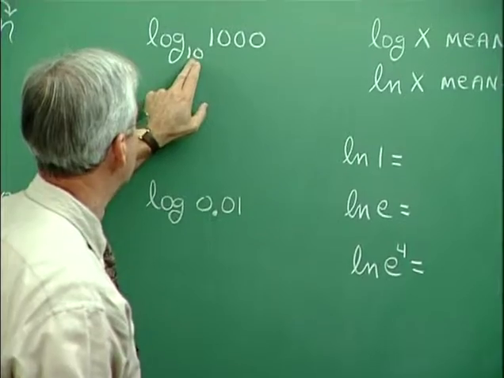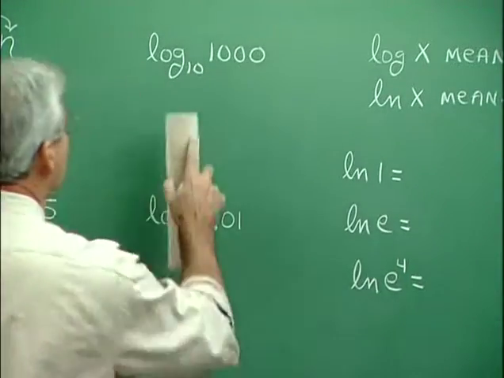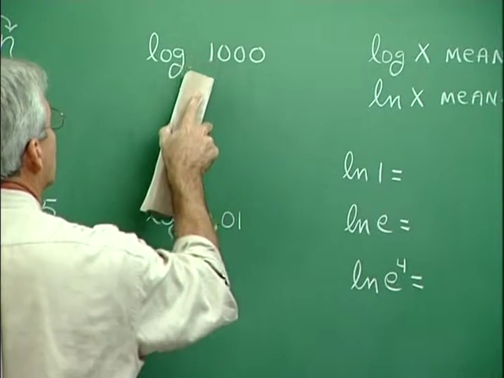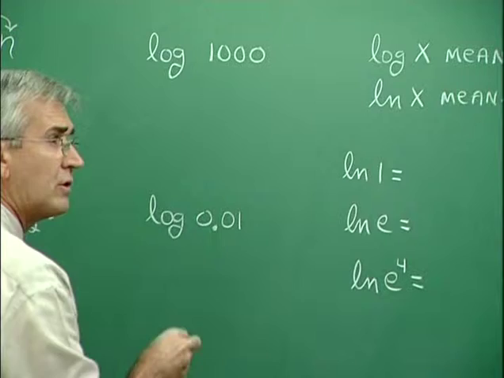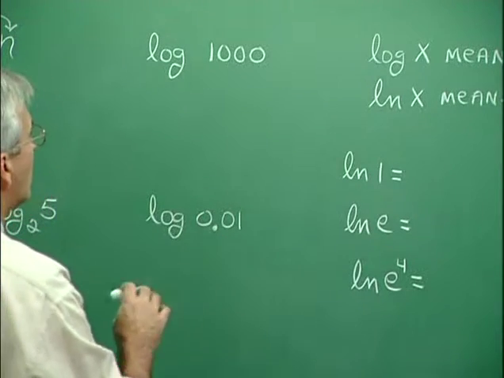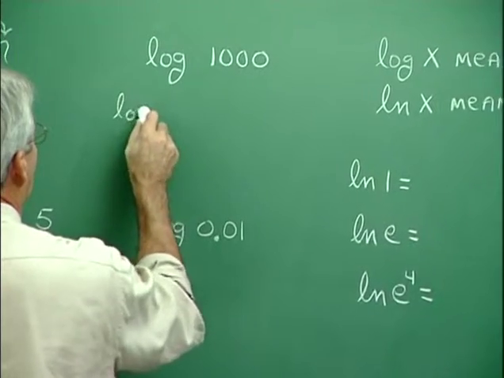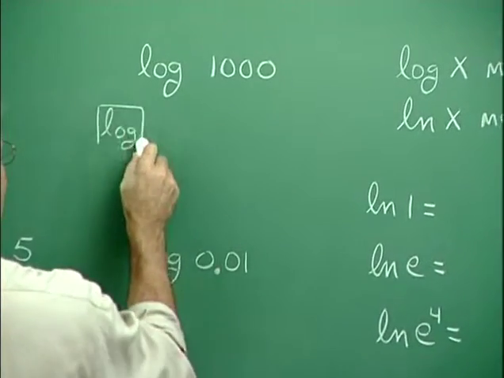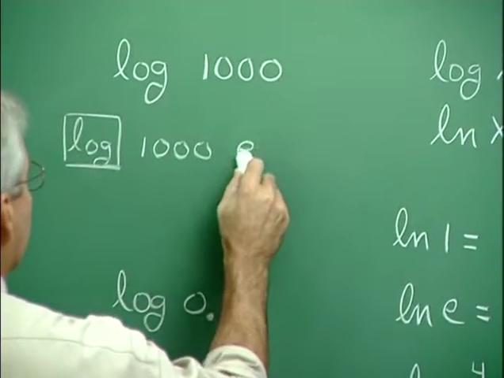A lot of times this 10 is not even written. If a logarithmic base is unwritten, then it's understood to be 10. So this might be shown as log 1,000. To make the calculation on the calculator, you press the button marked log on the calculator display, enter 1,000, and press enter.